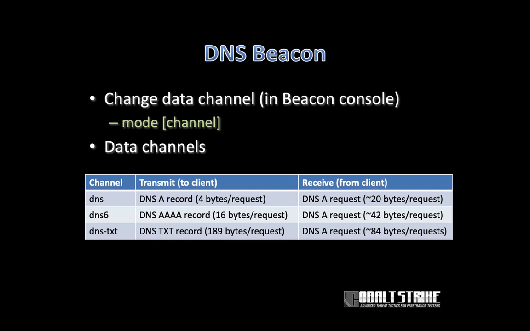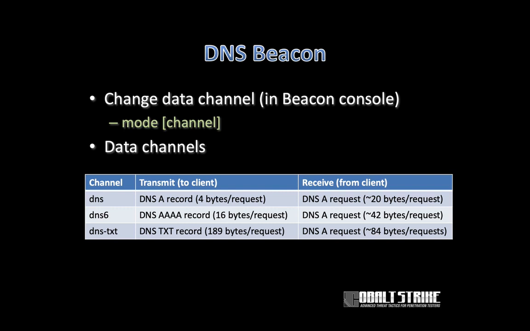Things are a little different. The DNS Beacon is no longer a mix of an HTTP and DNS Beacon. The DNS Beacon does not have an HTTP channel anymore. Its default mode is DNS text to download taskings over DNS text records. But if you want to change the data channel, you still can do that.